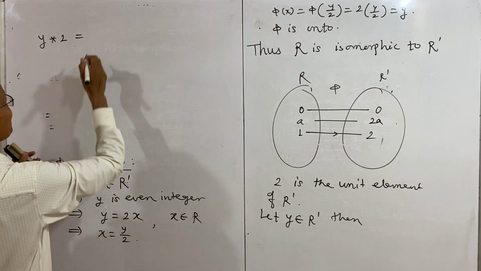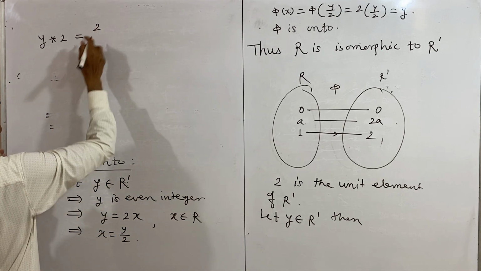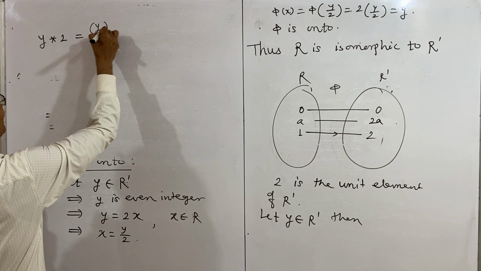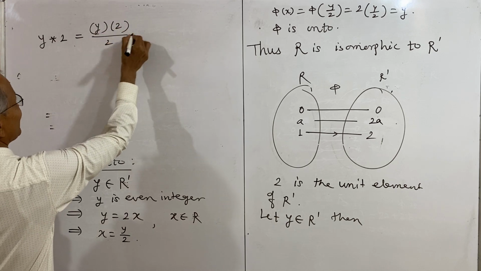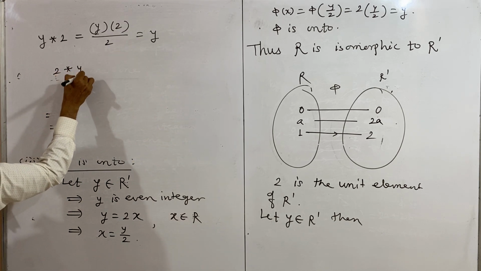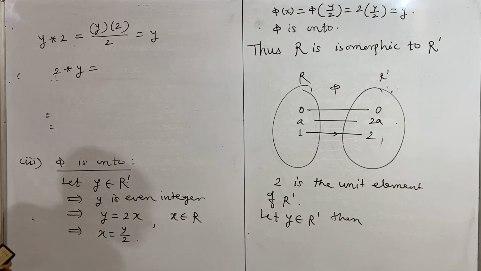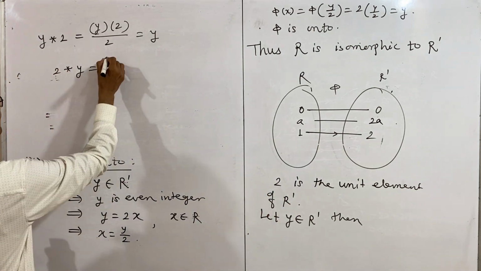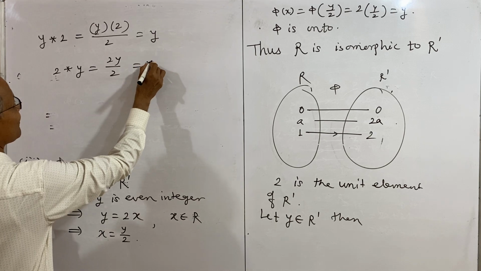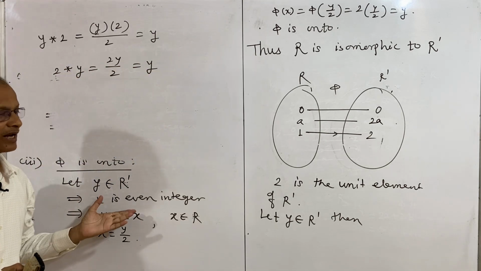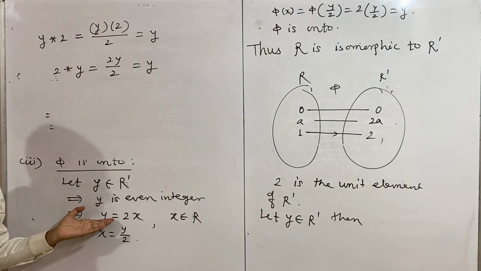We have defined it like this: y into 2, that is usual multiplication, divided by 2, which is again y. Also 2 into y, 2 star y. The multiplication in R dash is star. 2 star y is 2y divided by 2 is equal to y, and this shows that 2 is the unit element. So this is an example of isomorphism.